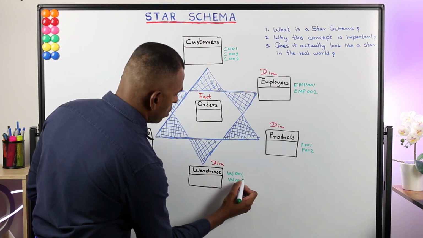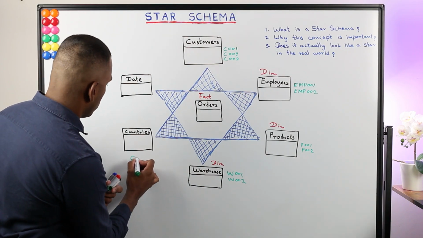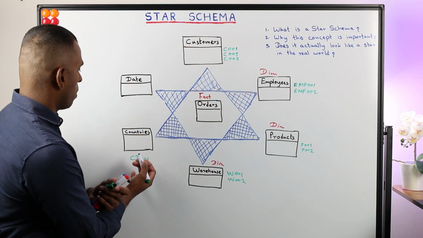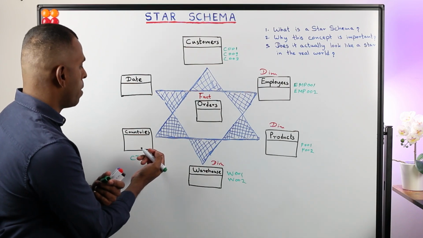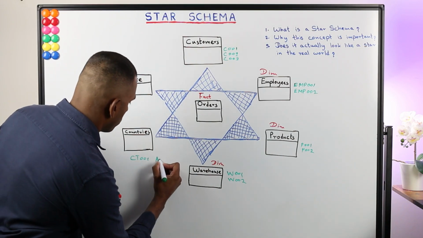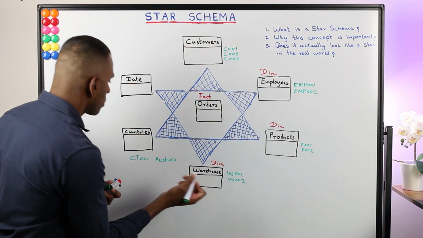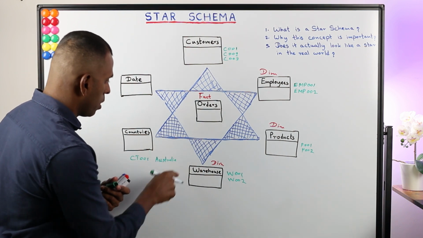Countries, let's say CT001. This is the primary key. Under the primary key they would have a country name, let's say Australia, and maybe the state, sorry, not the state, the country.